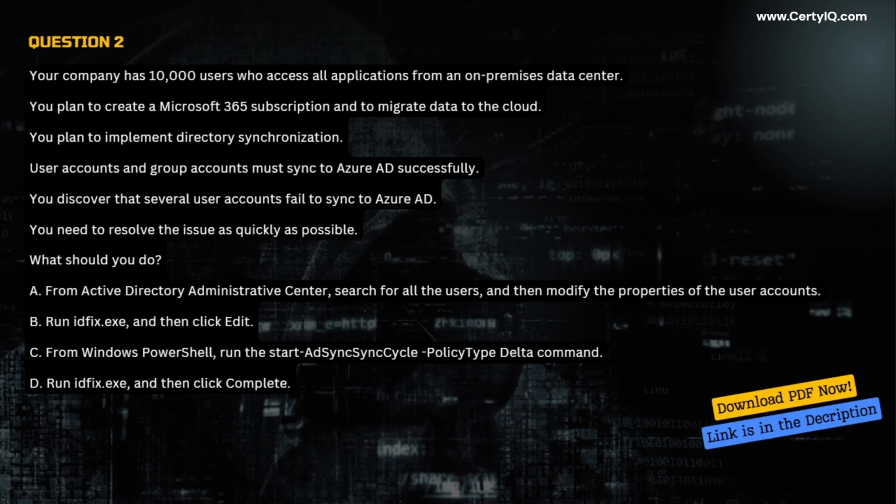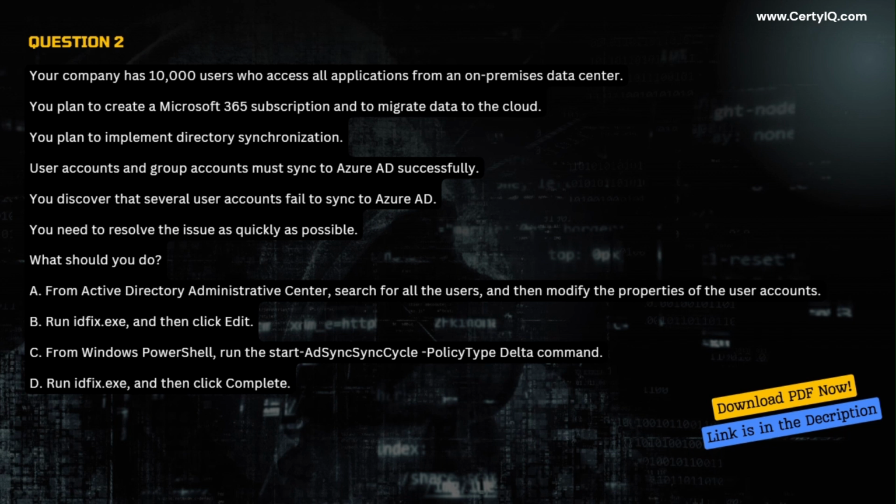Question 2. Your company has 10,000 users who access all applications from an on-premises data center. You plan to create a Microsoft 365 subscription and to migrate data to the cloud. You plan to implement directory synchronization. User accounts and group accounts must sync to Azure AD successfully. You discover that several user accounts failed to sync to Azure AD.